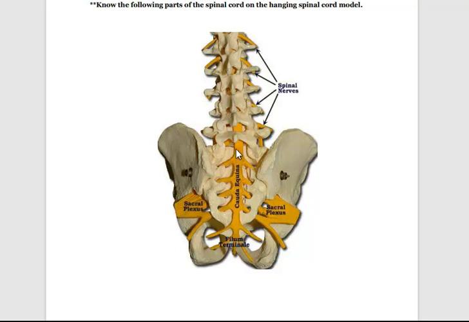So the horse's tail, the cauda equina, is right there. The sacral plexus on both sides. And then the filum terminale. So the very end of the horse's tail is all the way down there by the coccyx. Filum terminale and cauda equina, or horse's tail.